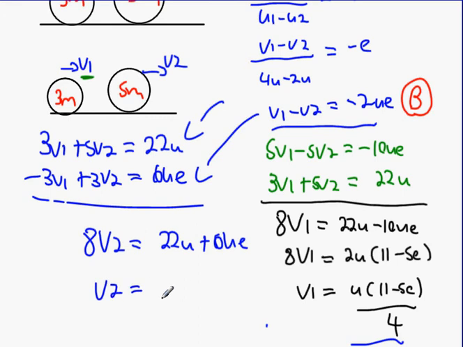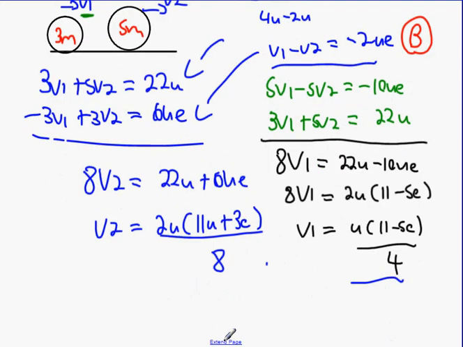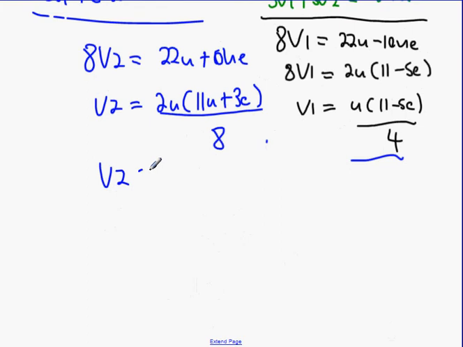Bring down the 8, factorise out 2, and we end up with 11u plus 3e. Okay, that's right. Oh yeah, I got it, v2. Divide it, and you get u into 11 plus 3e all over 4.